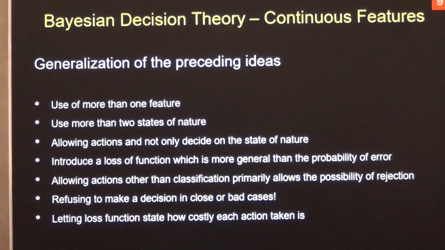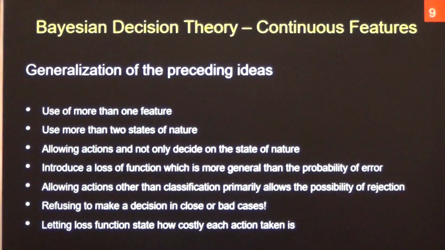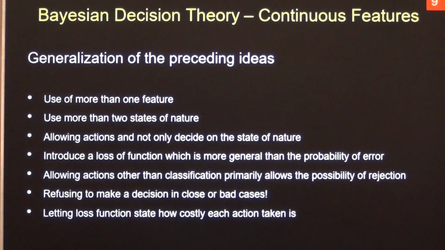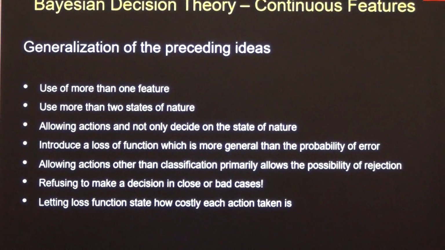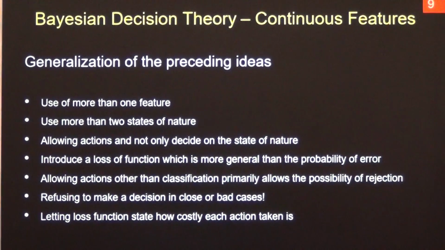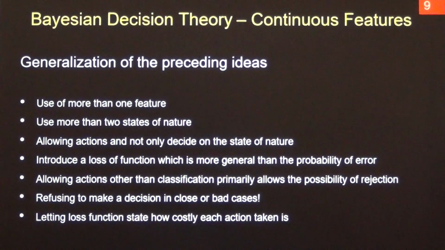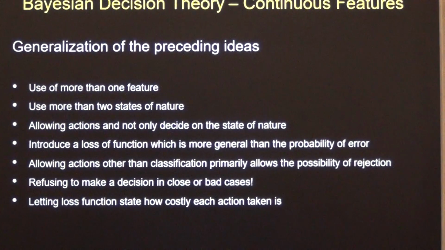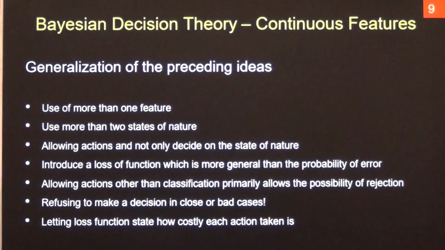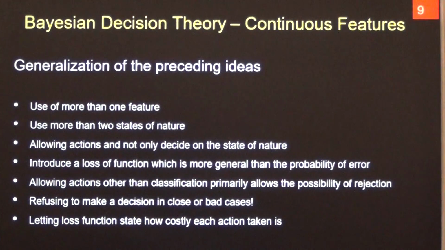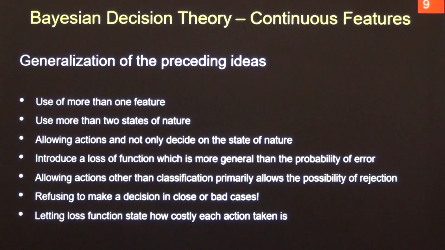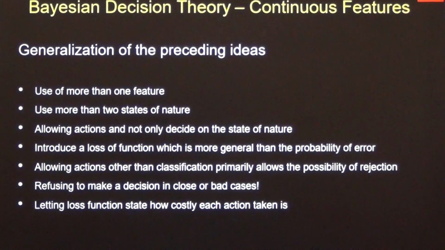Bayes decision theory, depending on the features, is a generalization of the preceding idea: we have to use more than one feature, use more than two states of nature, and allow actions and not only decide on the state of nature. So as already said, if we choose one-dimensional, two-dimensional or n-dimensional, according to that we have to maintain the vector space.